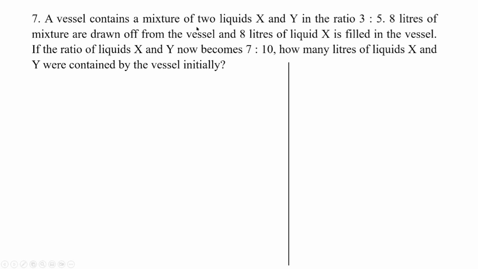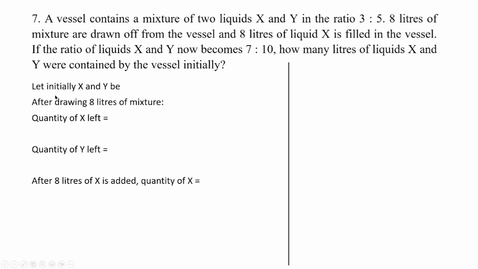So here we have a mixture containing two liquids in the ratio 3:5. From this mixture, 8 liters was drawn off and 8 liters of liquid X is filled in this vessel. After doing this, the ratio of X and Y becomes 7:10. So we need to find how many liters of X and Y were contained by the vessel initially.